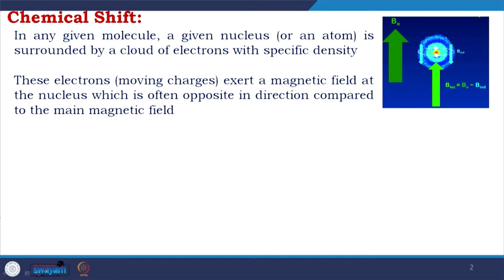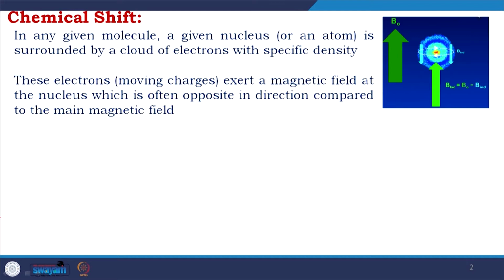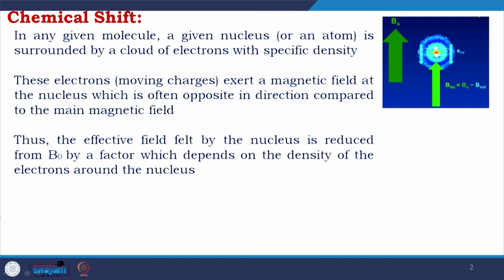These electrons, which we could say are moving charges, exert a magnetic field. We said that because of the charge and spin present in the nucleon, it behaves as a magnet. Electrons also act as a magnet and exert a magnetic field at the nucleus, which is often opposite in direction to the main magnetic field, the field generated by the nucleons and aligned by the effect of the external magnetic field.